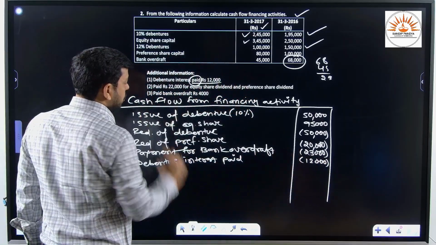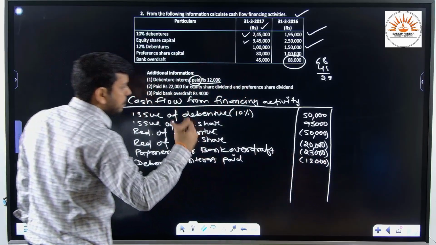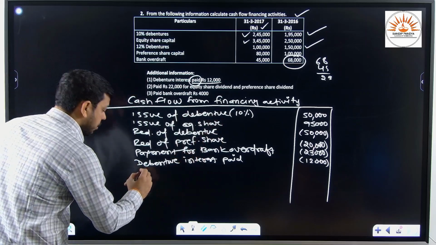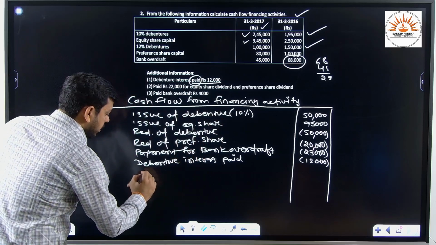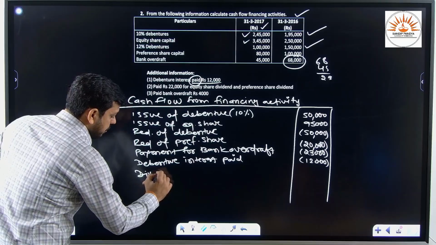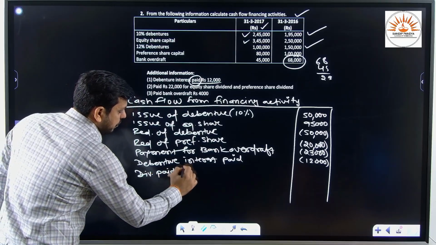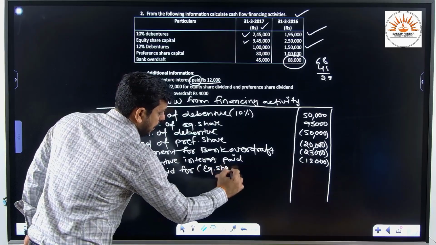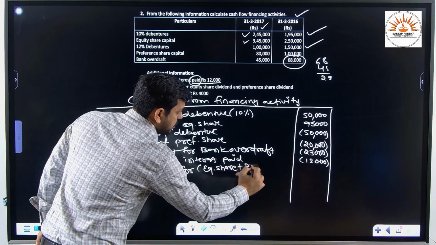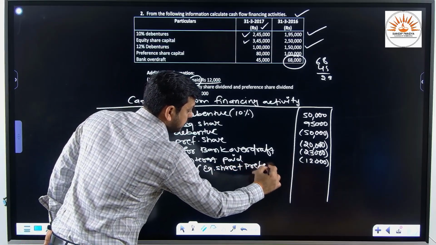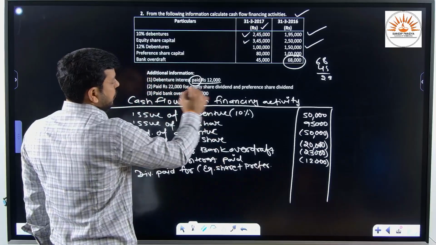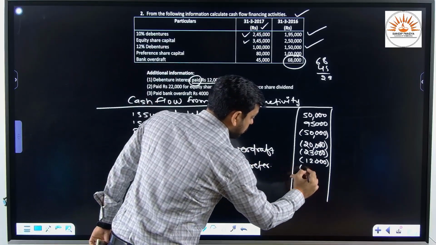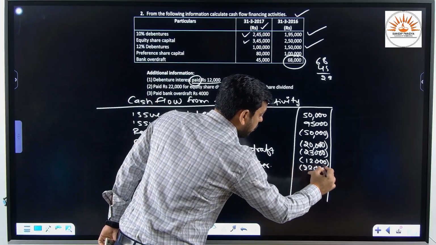Now, paid 22,000 for equity share dividend and preference share dividend, that is also cash going out. So we shall write dividend paid for equity share plus preference share, which is rupees 22,000. Which is also cash outflow.